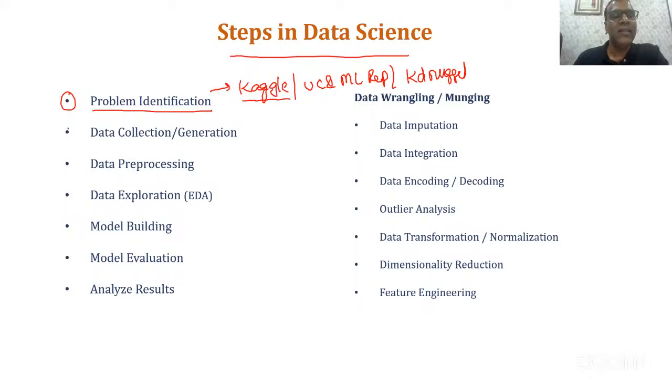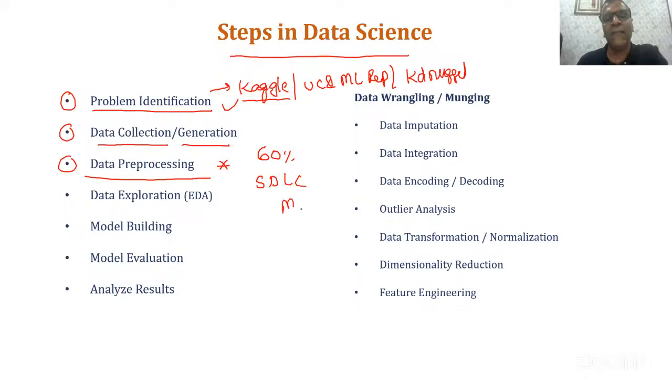The second one is data collection. For identification of this problem, you can generate data or collect the data from Kaggle. The third, very important point is called data pre-processing. This is today's topic. 60% of your entire software development life cycle for machine learning or data science will be given to data pre-processing itself.